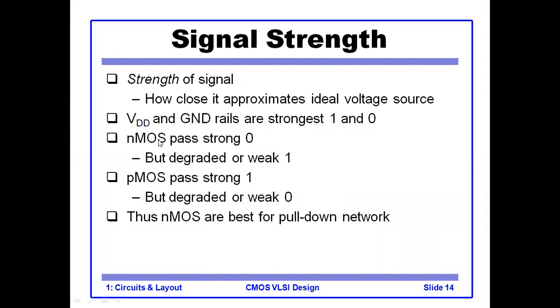Okay, in the case of the NMOS it supports passing a strong 0 signal, but a degraded or weak 1. And oppositely, in the PMOS case it passes a strong 1, but a degraded or weak 0.